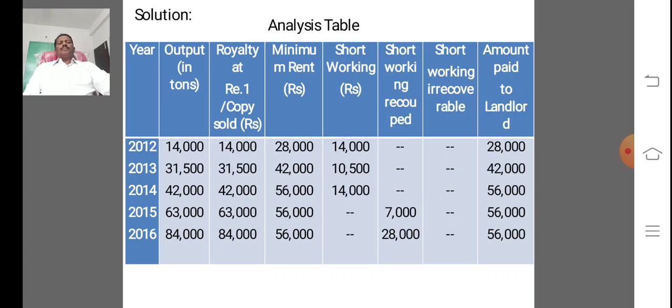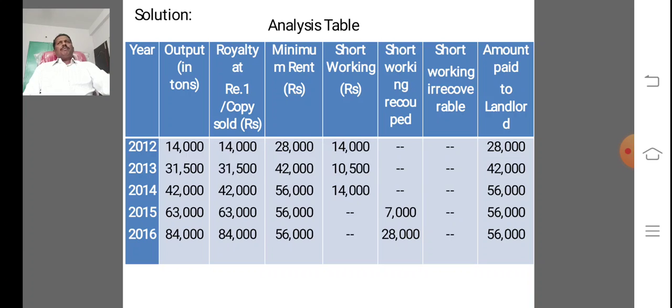So out of 14,000 we recovered 7,000. Remaining 7,000, 17,500, 31,500.